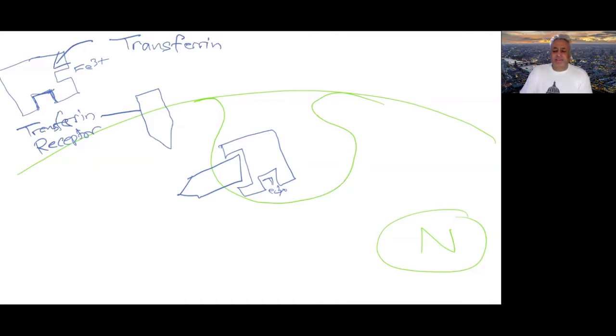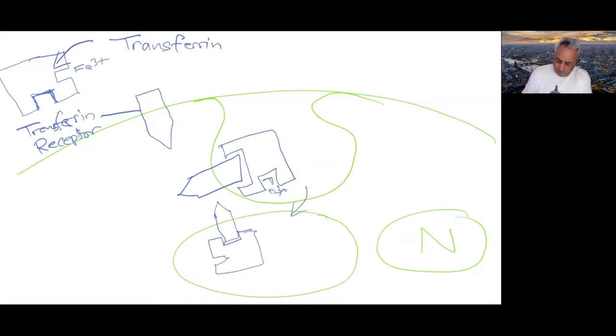Now what happens next is crucial. The internalized vesicle then moves to the center of the cell, such like this. Remember, this is a membrane enclosed structure, and the protein is now within, the transferrin is now within the cell, and it's sitting obviously on its receptor like this.